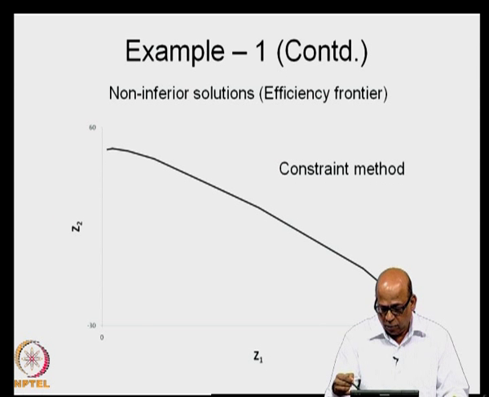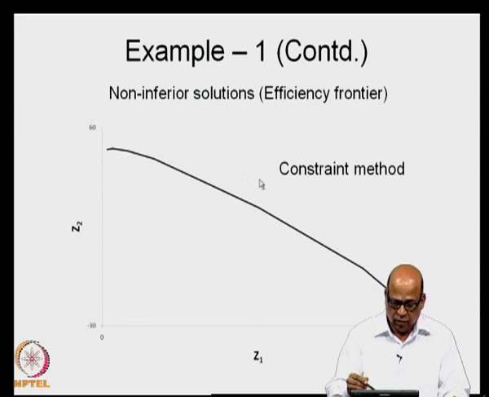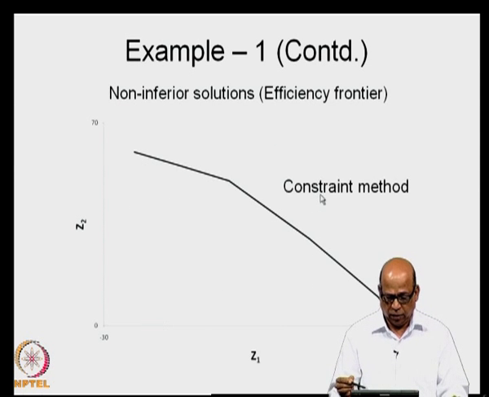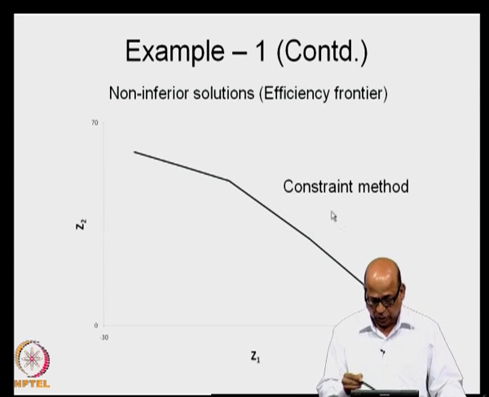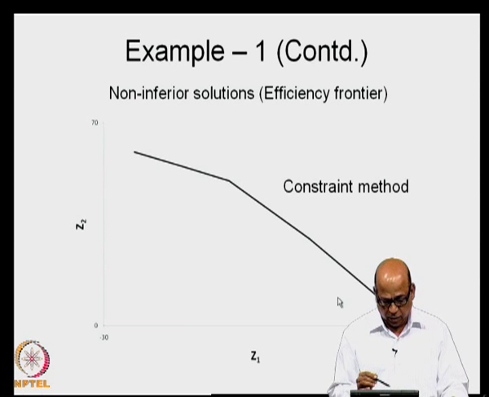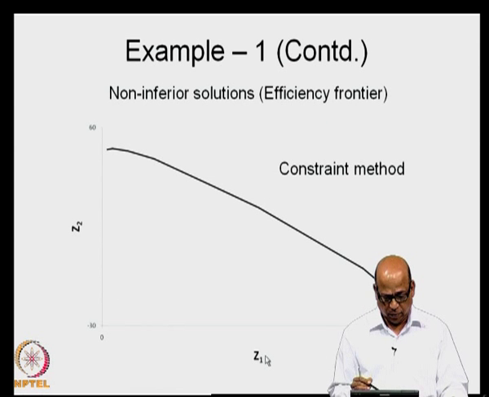Again this looks similar to what we obtained earlier, but it will not be identical because your way of handling has changed now. It will not be identical because you are setting constraints on Z1 and maximizing Z2 here. So, this is the solution that you get.